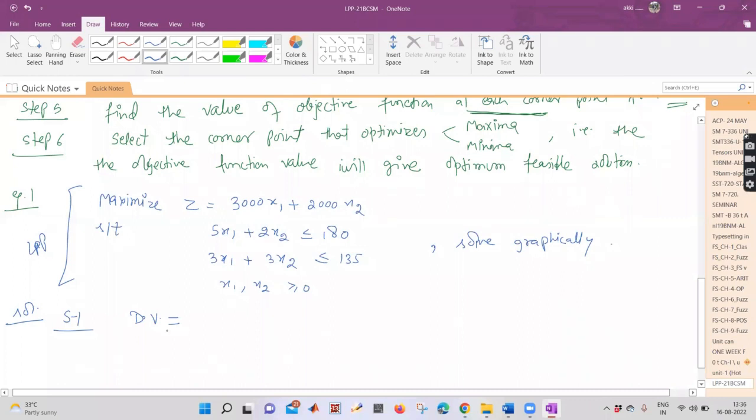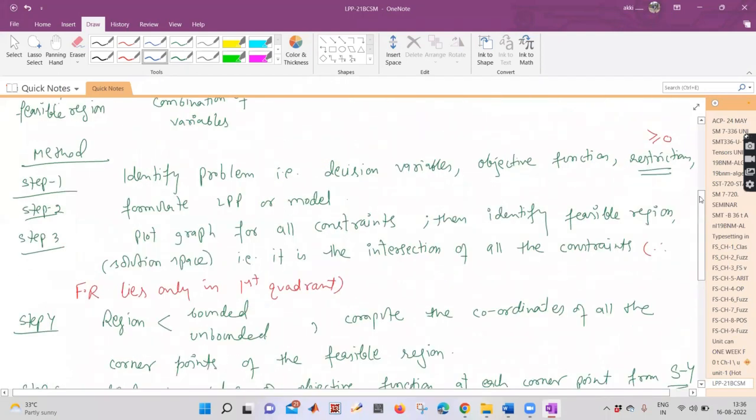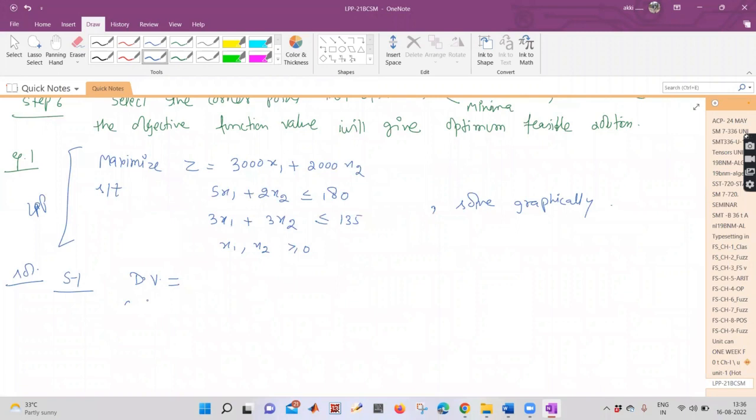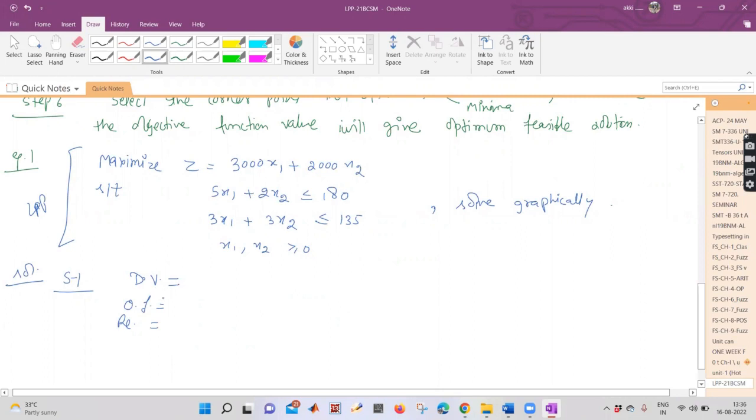Here we need our decision variable, then objective function, and then the restrictions. This is your given problem. So what you are looking for? You have to solve graphically. So when you are solving graphically, what you are evaluating?